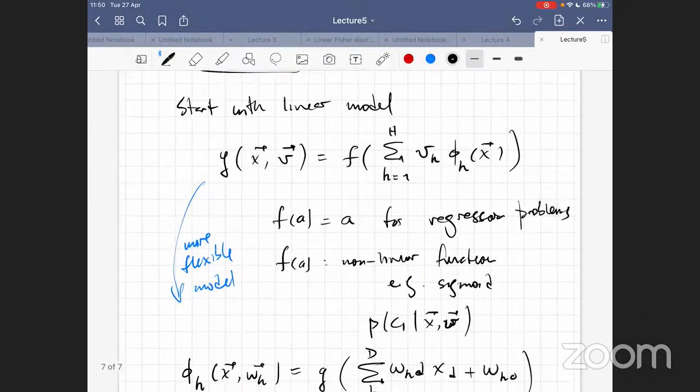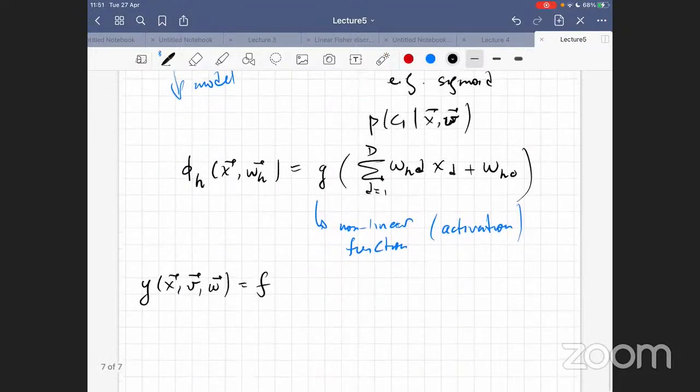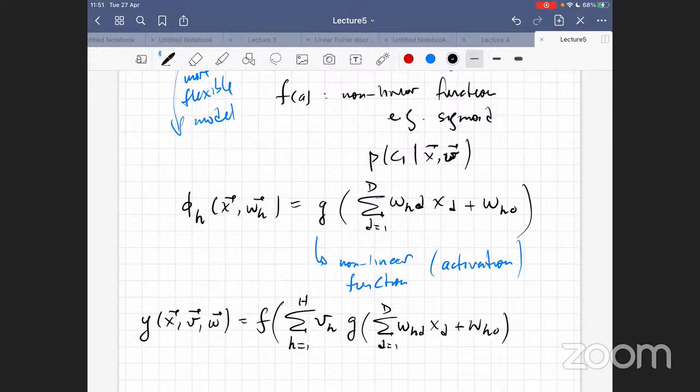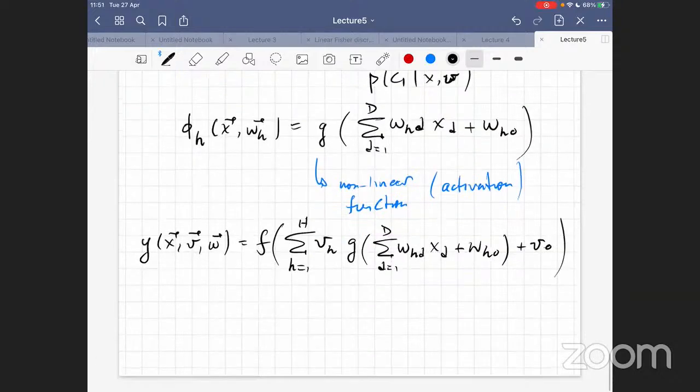I am replacing this part, so this is just the sum from h equals 1 to capital H of vh times a nonlinear function g of the sum from d equals 1 to D, where D is the dimension of the input, of whd times xd plus wh0, plus v0.